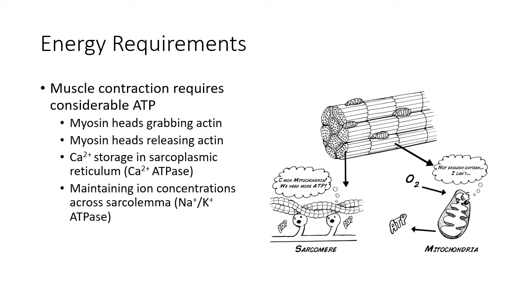The calcium pump is also called the calcium ATPase because it uses ATP. And then finally, it takes ATP to keep the ion concentration gradients constant between the inside and the outside of the cell. So keeping the outside of the cell high in sodium while keeping the inside of the cell high in potassium requires ATP.